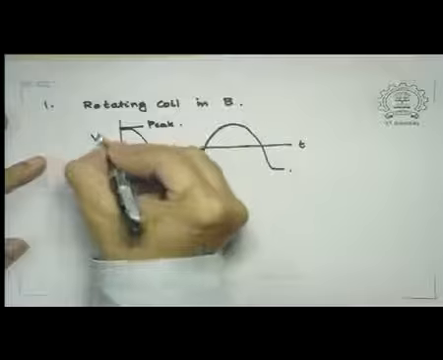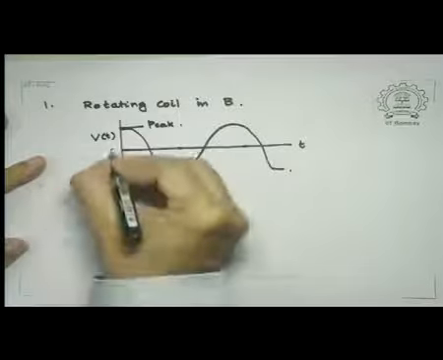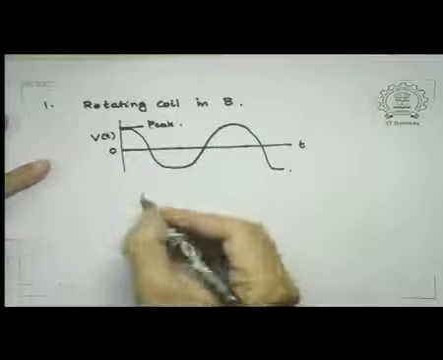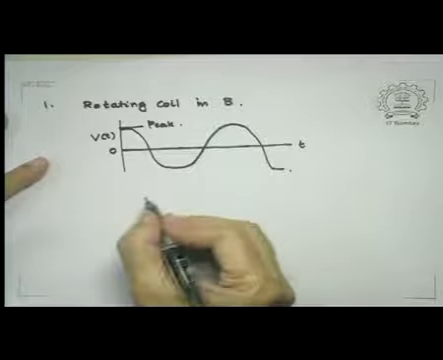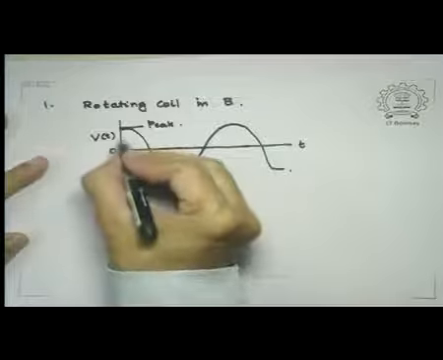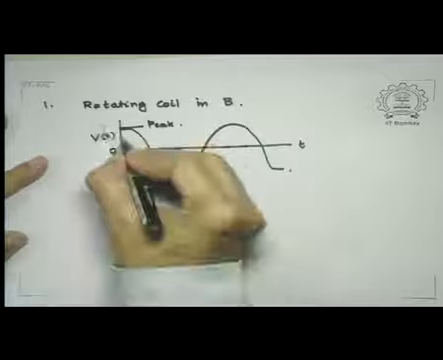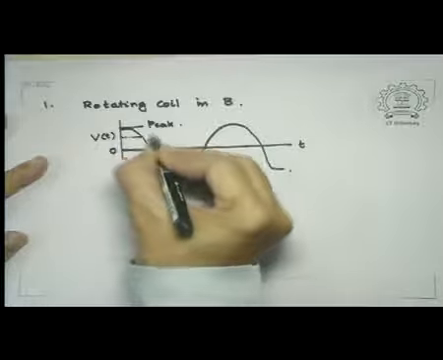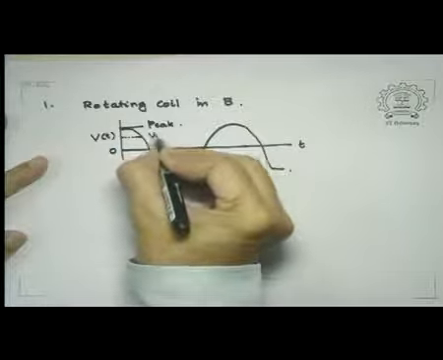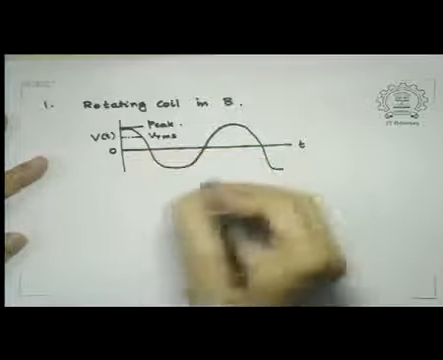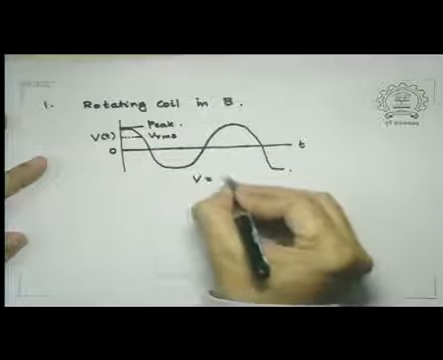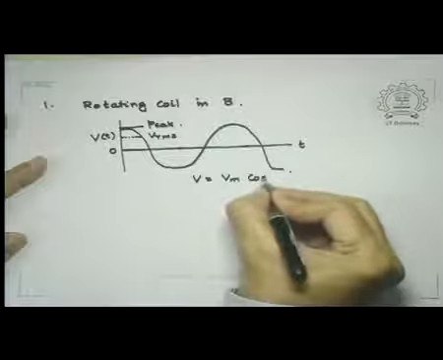So I am plotting V as a function of time. This is time t equal to 0. And we also defined what was an RMS value of voltage or also current, and this was about 70% of that. So this is V RMS, and V was given by Vm cos omega t.